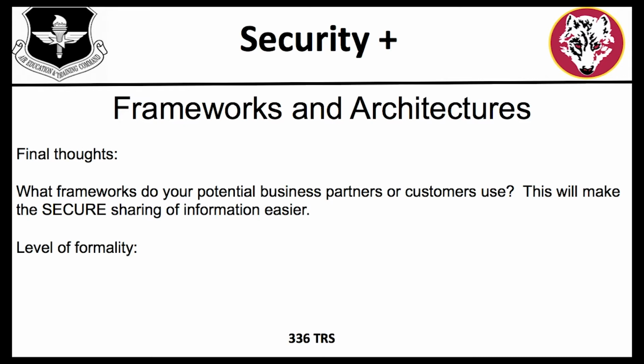A few final thoughts. What frameworks do your potential business partners or customers use? So in the interest of harmony and ease of adoption, you might want to look at what your customers or business partners use in terms of security templates or frameworks. This will make the secure sharing of information easier. A final thing to consider is the level of formality.